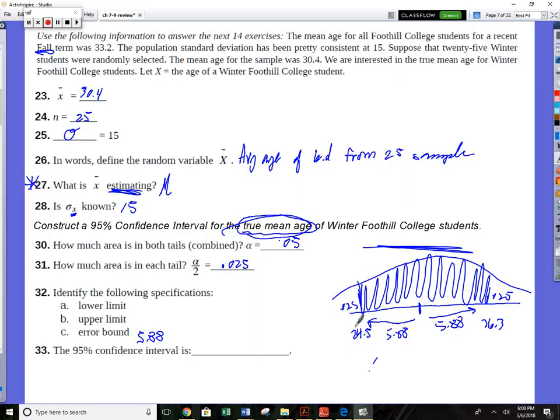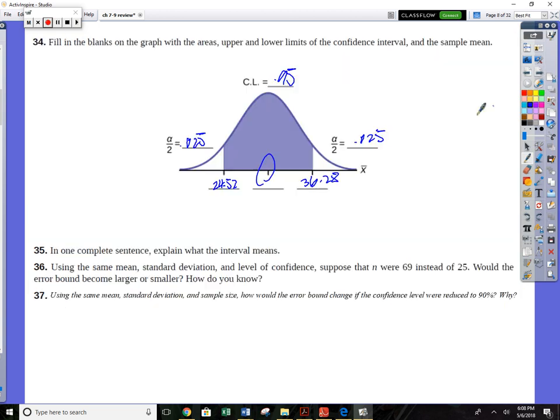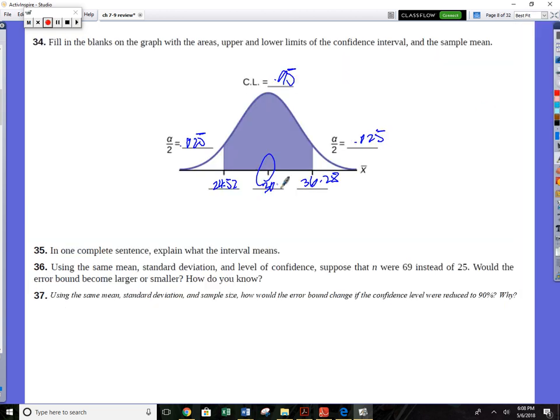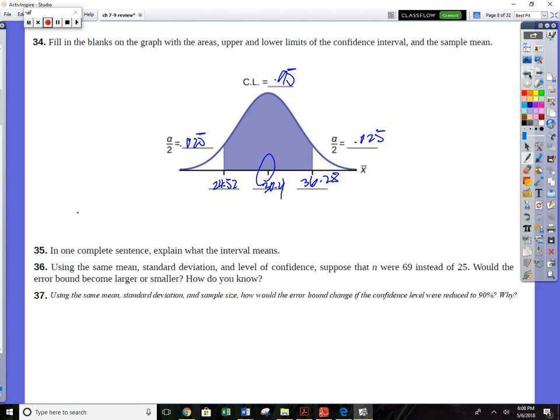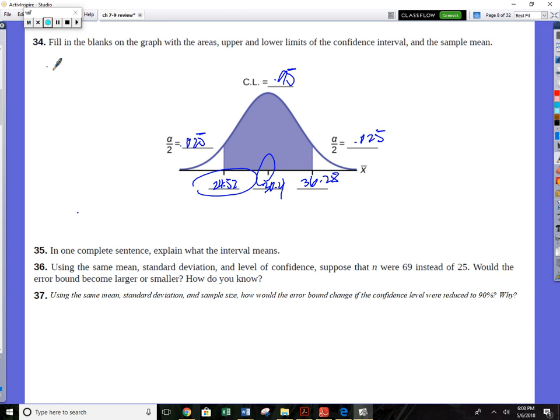So look, 30.4, but if you don't know what it is, you can take your margin of error, which was 5.88. If I go 24.52 and I add 5.88, that is going to be 30.4.